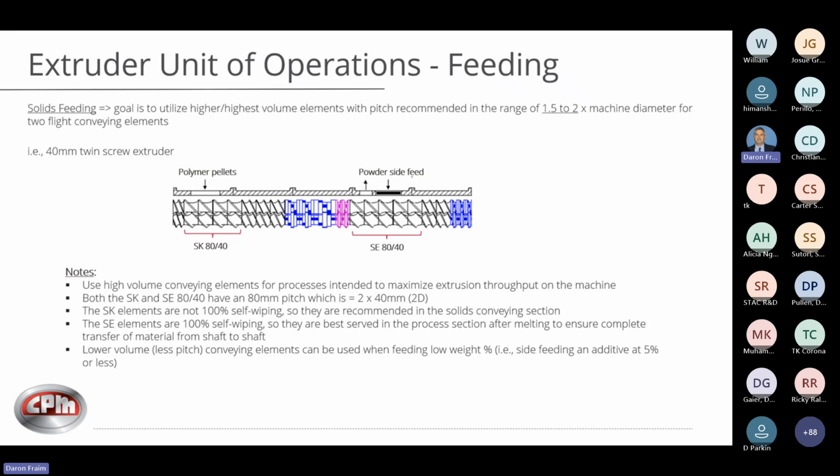So if you're not getting 100% wiping, you risk some material stagnating in that dead space of that cutout flight. So if you're using SKs in the side feed, there is some risk that material may stagnate and potentially degrade.